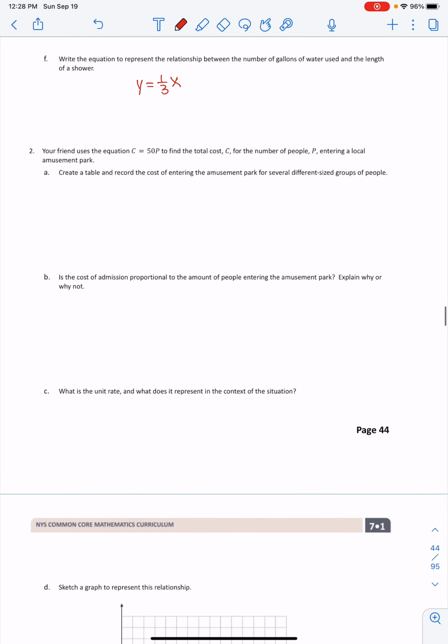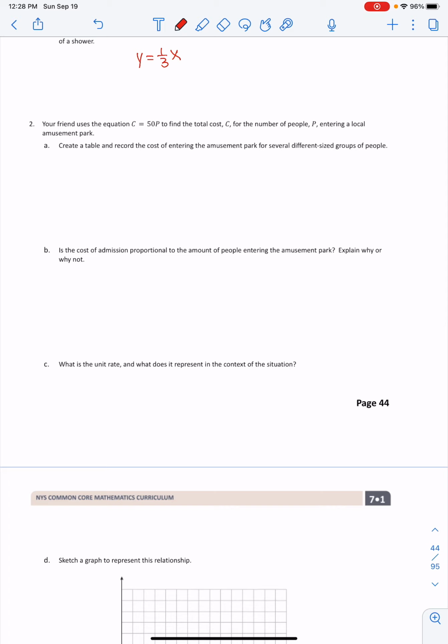So now question number 2 says your friend uses the equation C equals 50p to find the total cost for the number of people entering a local amusement park. Create a table and record the cost of entering the amusement park for several different sized groups of people. Well, if we create a table, here we go.